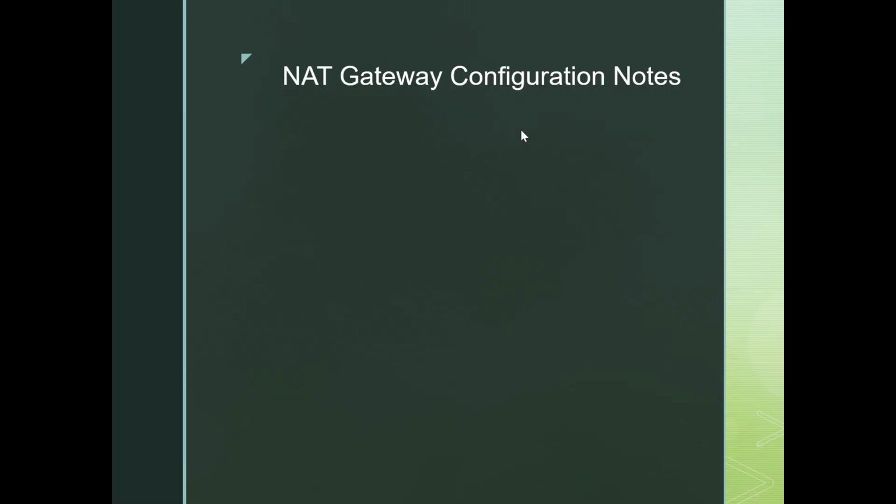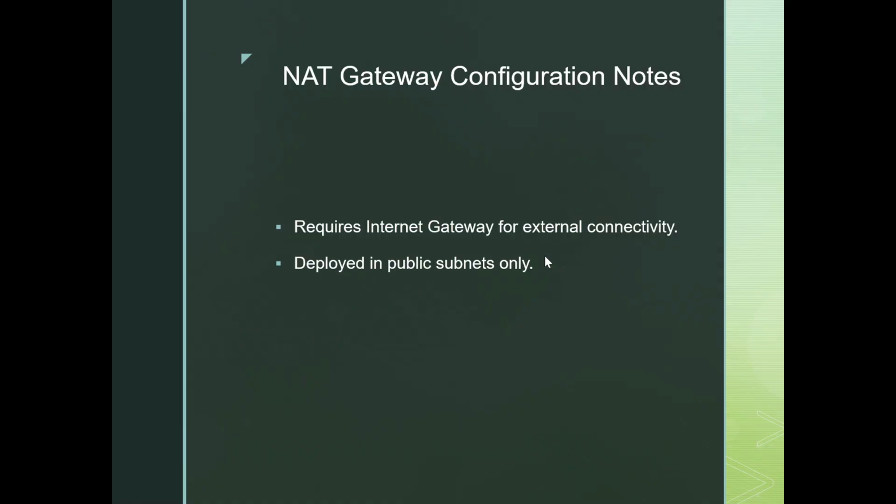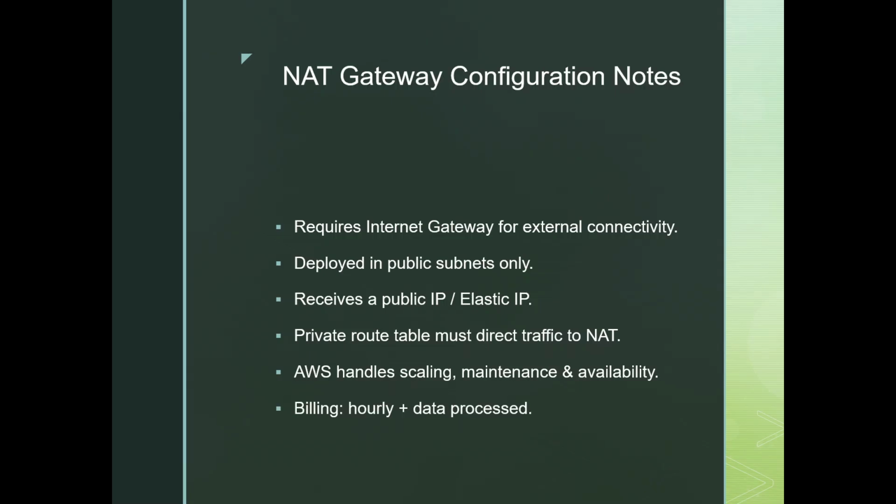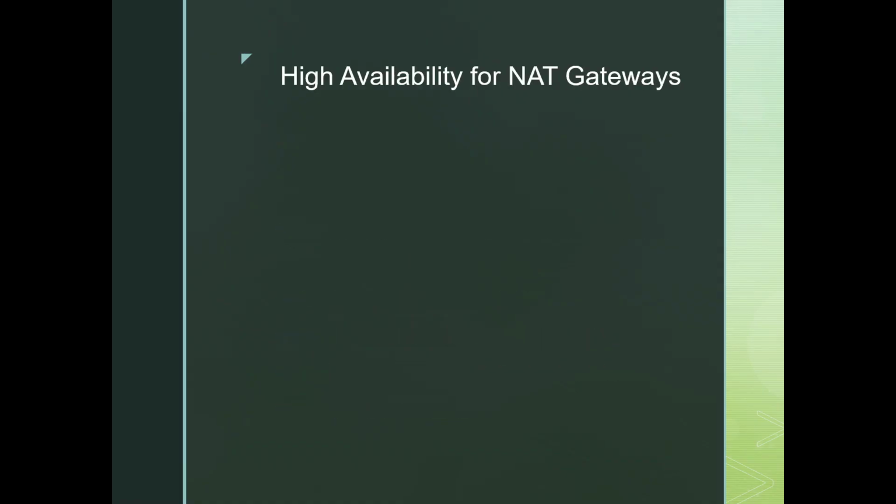NAT gateway configuration notes: requires an internet gateway for external connectivity, deployed in the public subnet only, needs a public IP or Elastic IP, and the private route table must direct traffic to the NAT gateway. AWS handles scaling, maintenance, and availability.